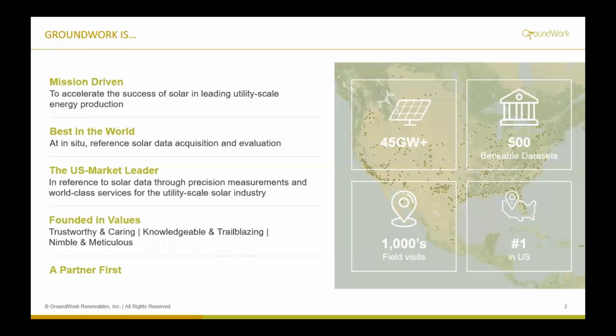I think most of you by now are familiar with Groundwork Renewables. We're focused entirely on delivering high-quality ground-based measurement data sets for the solar industry. Our programs are built around solving a lot of the problems with ground data that people have alluded to in the talks yesterday and even just now this morning.